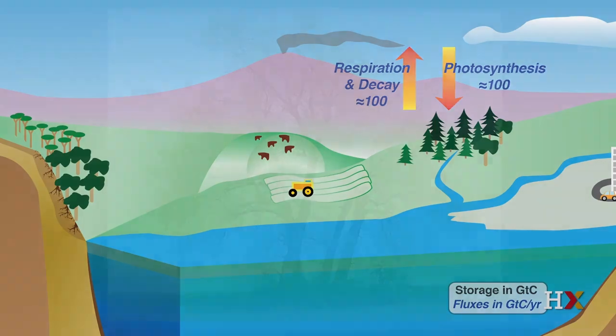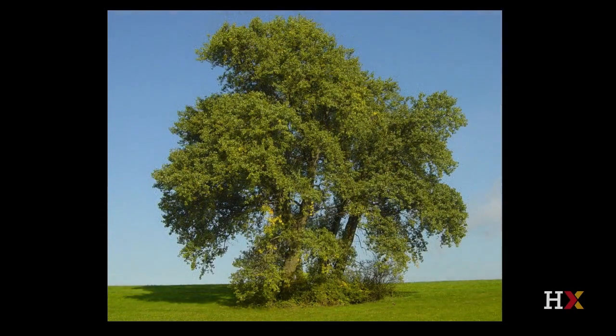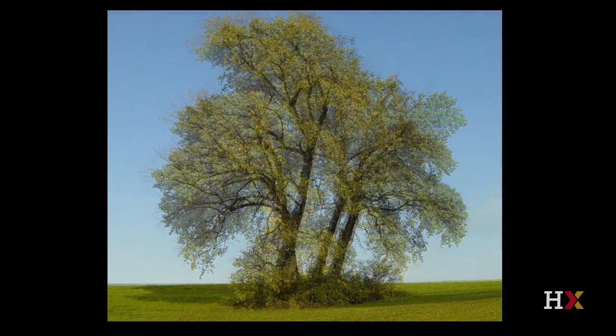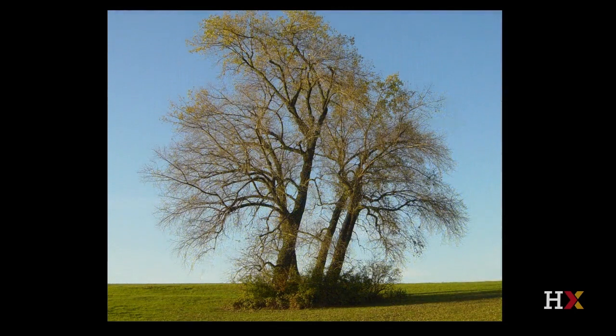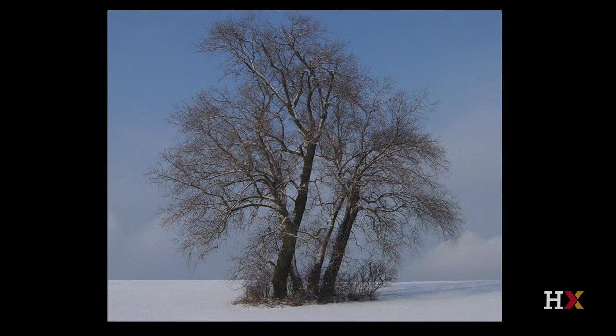So trees, at least deciduous trees, drop their leaves in the fall, and by the spring and summer, most of that tree material, those old branches and leaves, have been decomposed by bacteria and fungi back into carbon dioxide and released back to the atmosphere. So there's a continuous cycle of photosynthesis and respiration that are near balance.